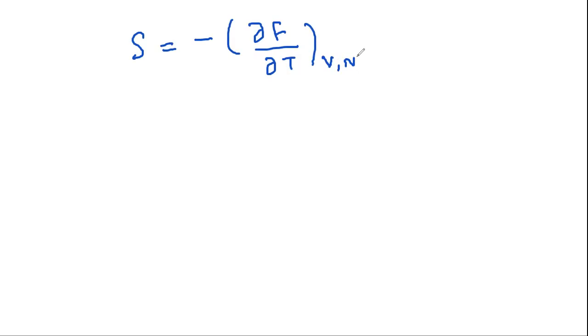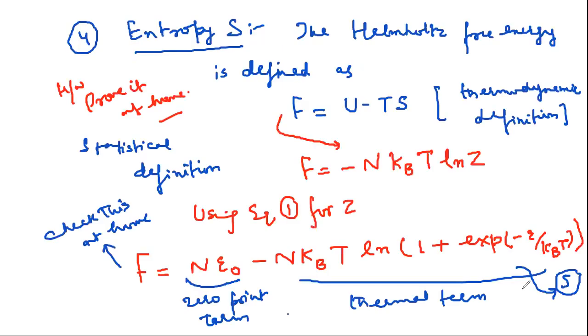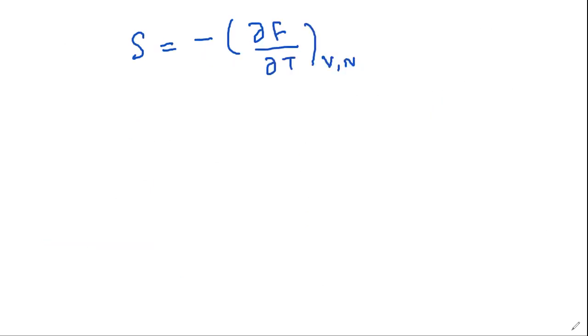So when you differentiate partially F with T, treating V and N constant, then negative times that derivative gives you entropy. So we take this F from equation 5 and differentiate it with temperature. Then we take negative times that, and we will get this expression.